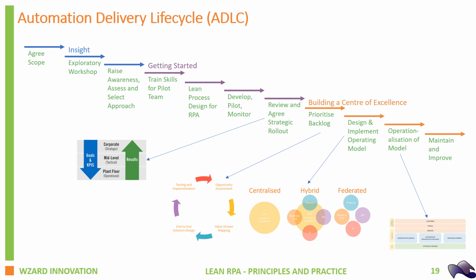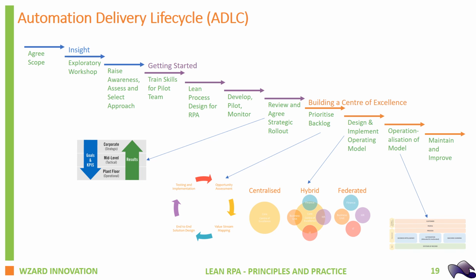Our automation delivery lifecycle has something we've been working through since chapter 1. And in the last few chapters, we've of course focused more on the closure of your pilot and moving into building your Center of Excellence.